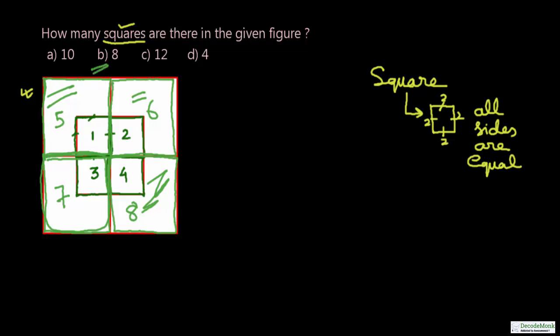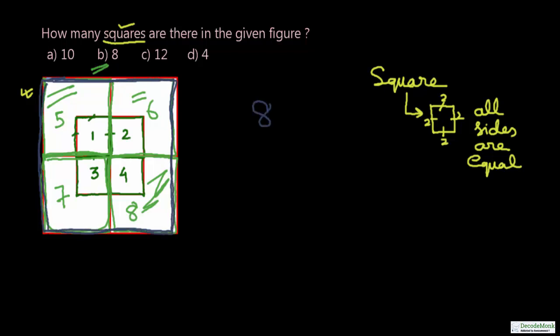But again a word of caution over here. Please remember that you should not forget to count this outer square. This is another square. There are inner squares, there is an outer square.